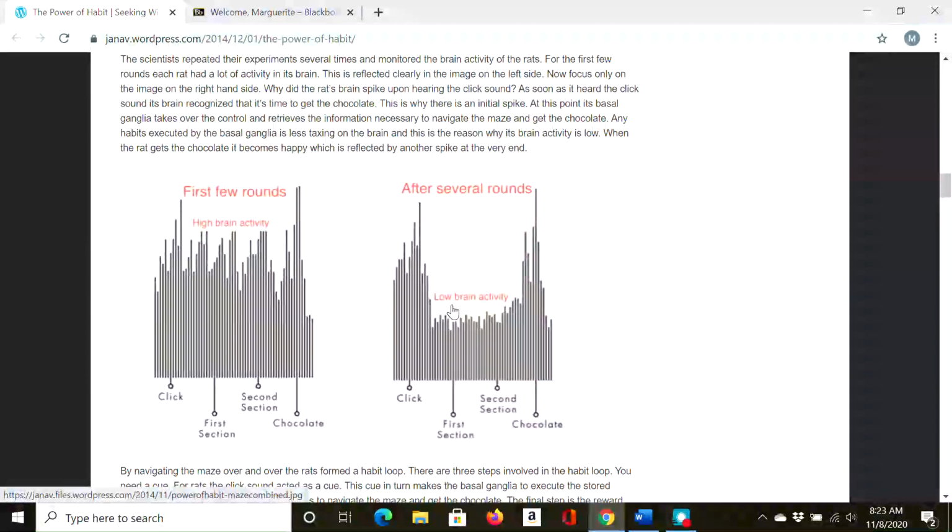And when a habit is formed, a part of the brain called the basal ganglia is involved. As it says, any habit executed by the basal ganglia is less taxing on the brain. And that is why the brain activity is low.